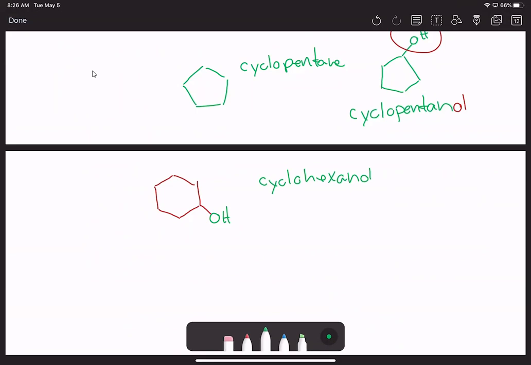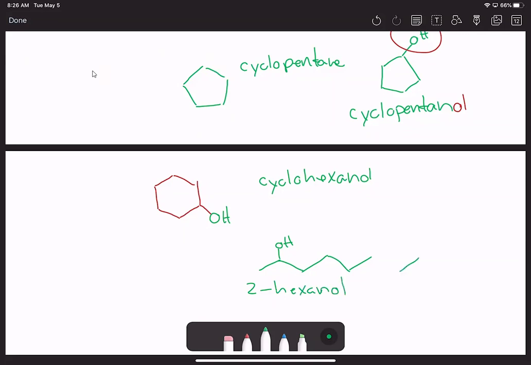So the difference that we have here is that this is cyclohexanol. This is 2-hexanol.